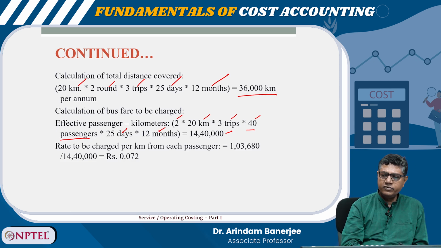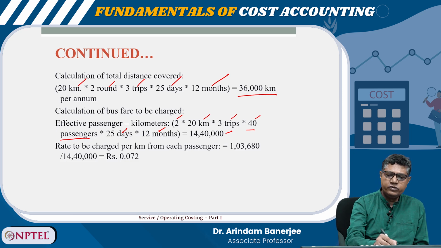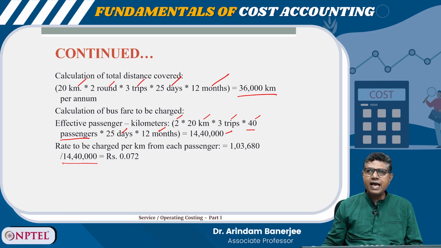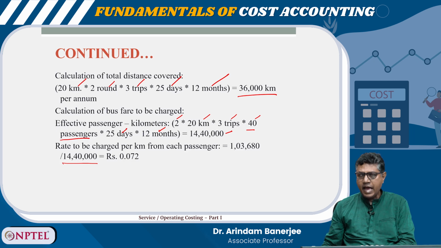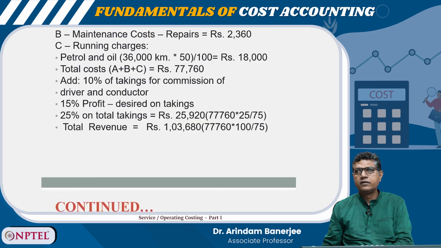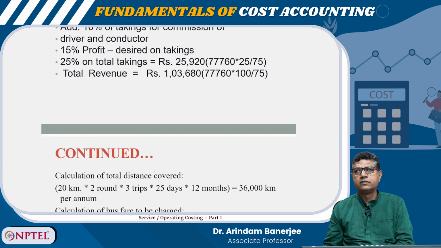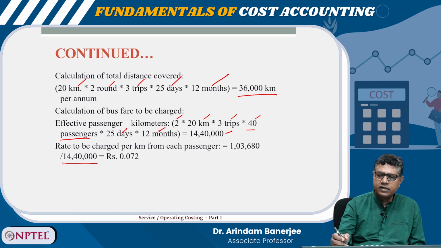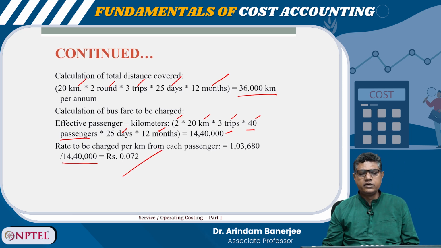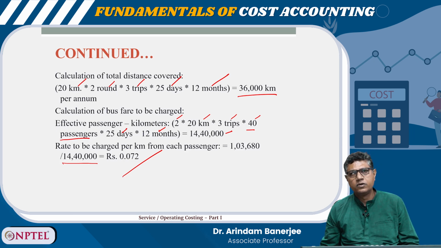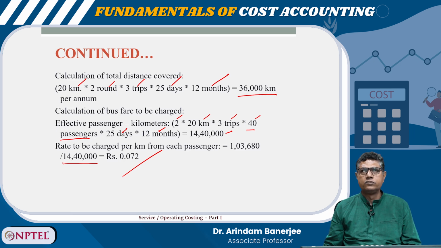So the total passenger kilometer is 14 lakh 40,000, and the revenue required is 1,03,680. If I divide it, I get the rate to be charged per kilometer from each passenger as 0.072.